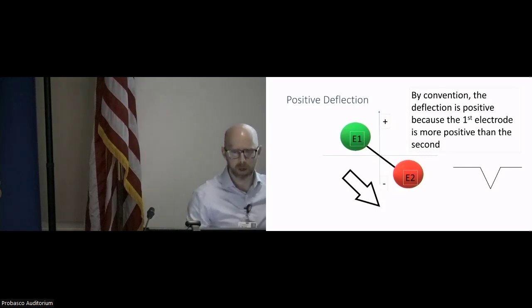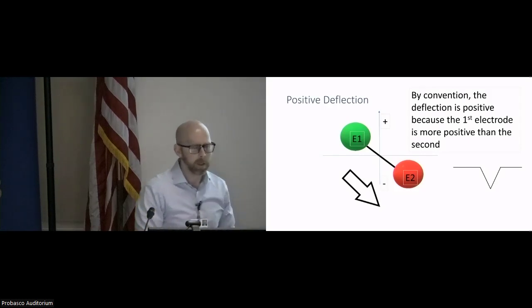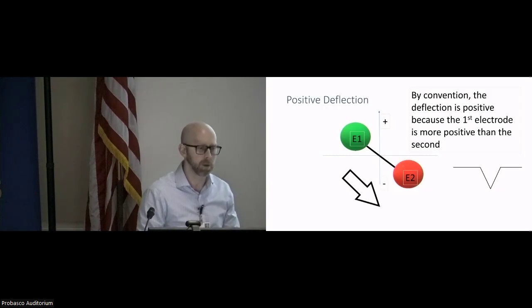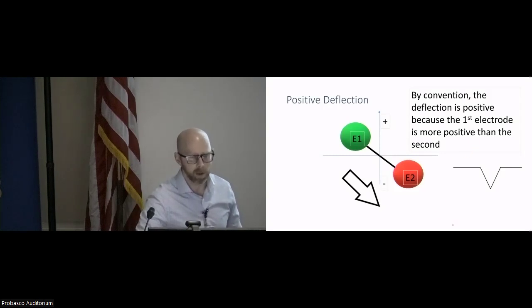So you name it by the first electrode: is it more positive than the second? And then it goes in the direction of the second in a way. You may not learn this mental math this lecture because it's kind of fast, but if you get this concept in your head, then you'll never make a mistake with it. And so that's something to be aware of.